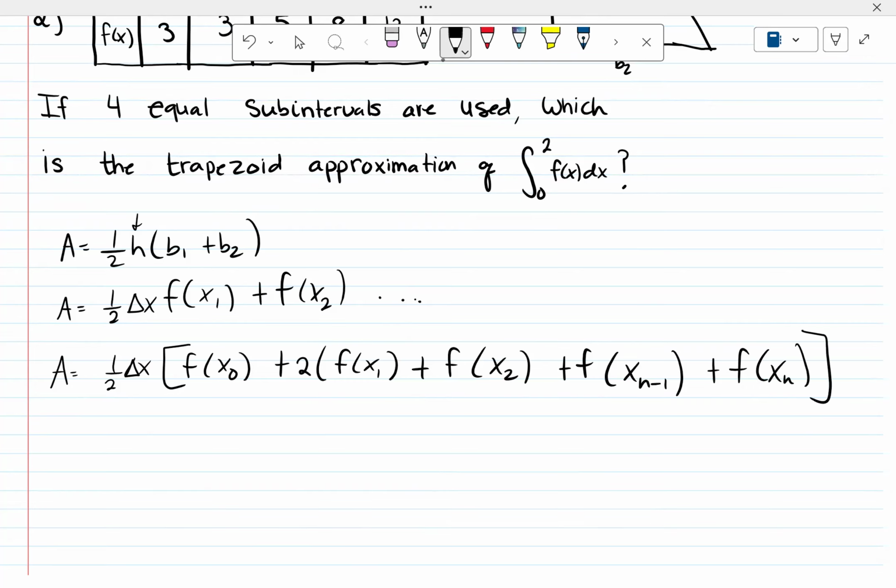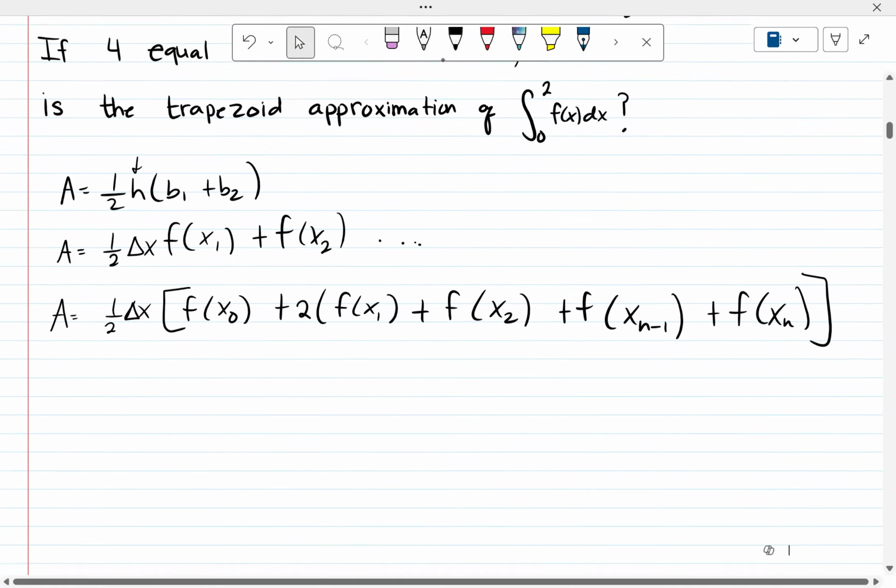Okay, so what we do first is step 1. We're going to find our delta x.